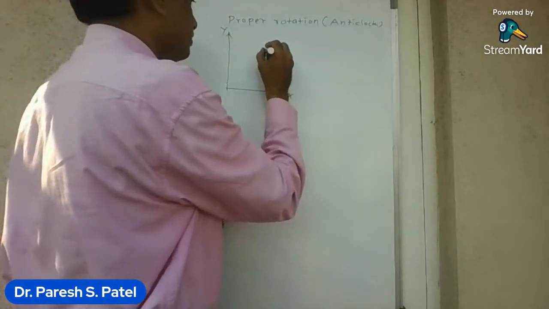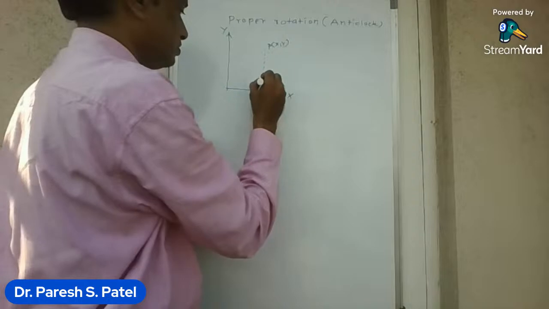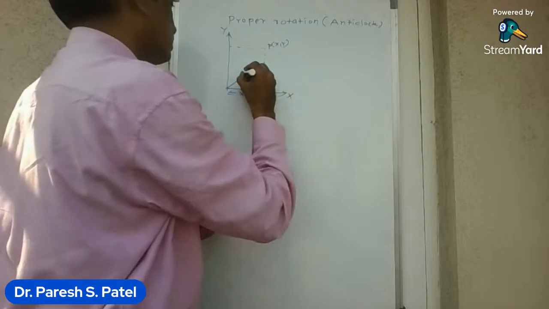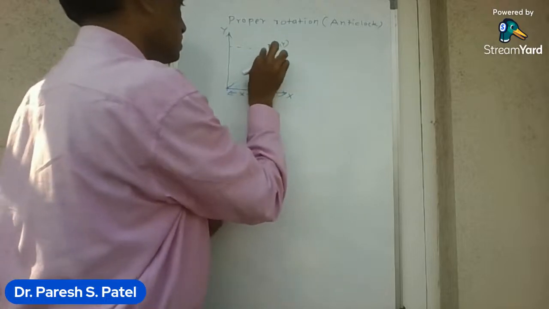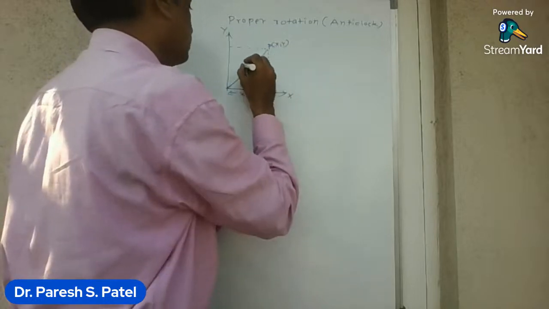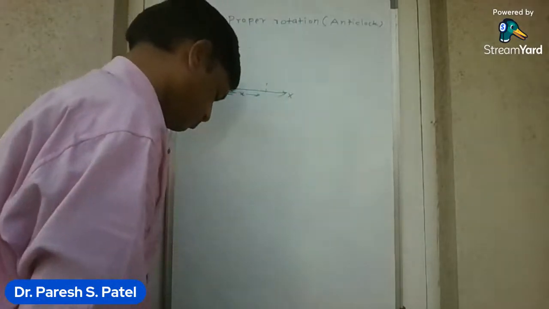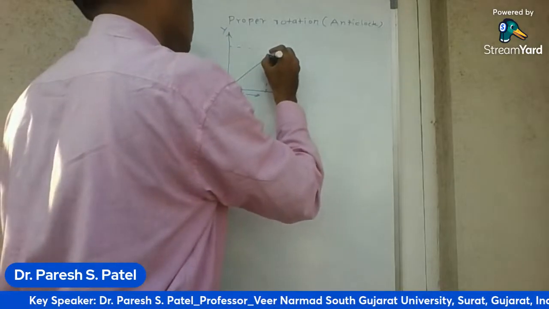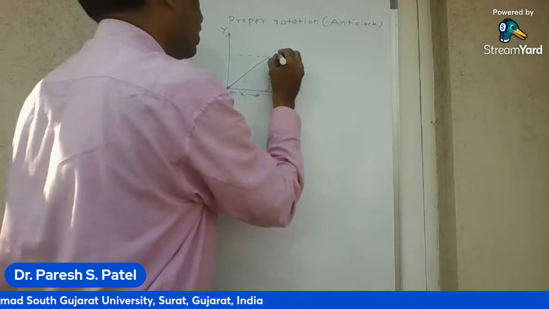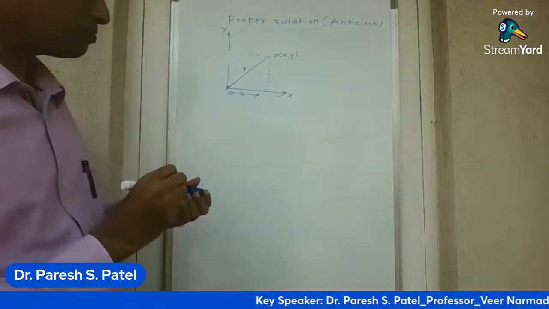Suppose a vector P with the coordinates x and y, and the length of this vector is r.